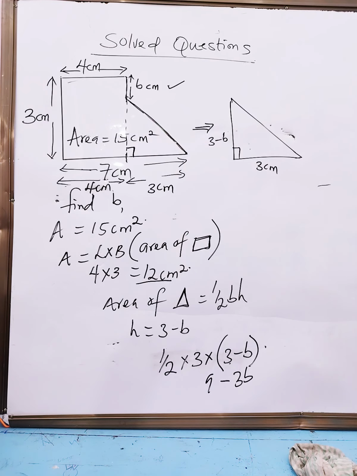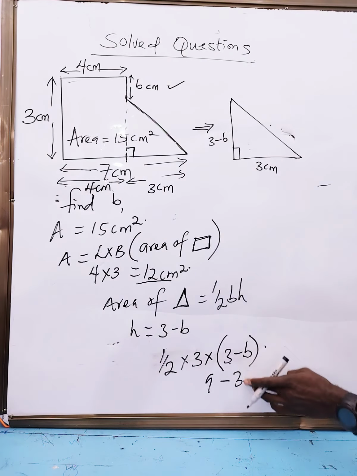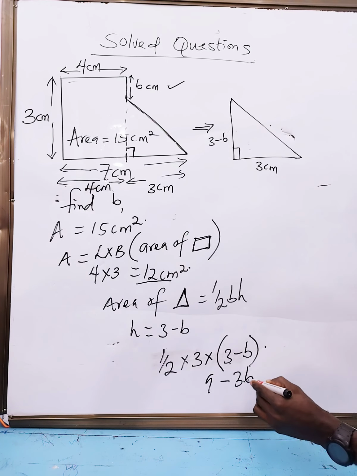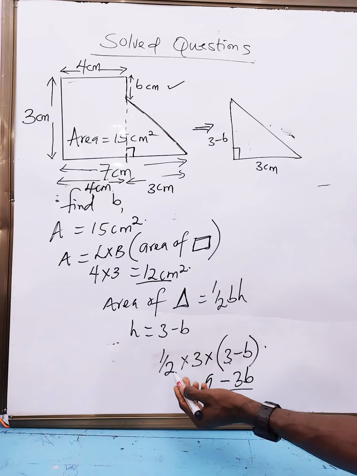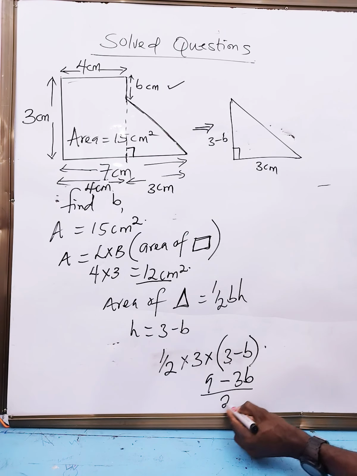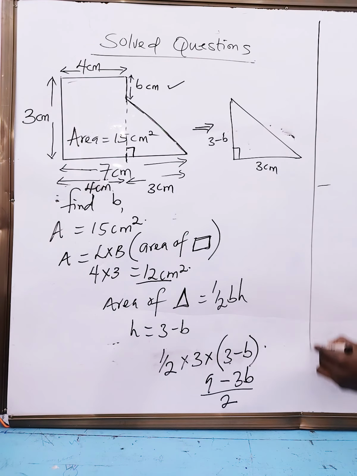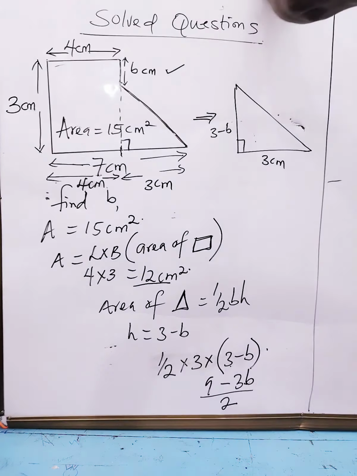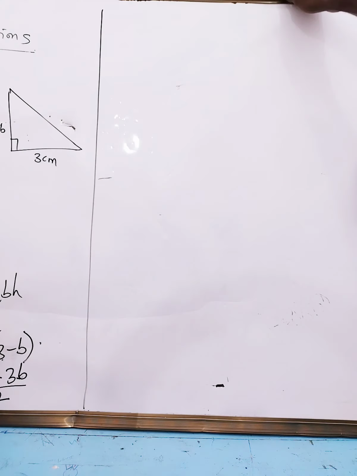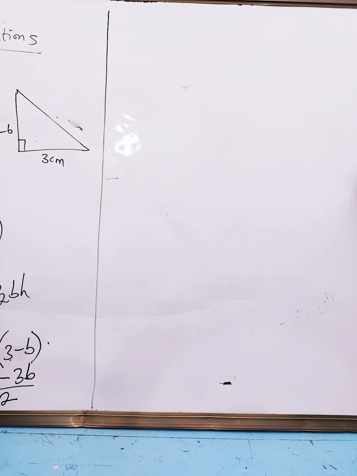So 9 minus 3b over, remember we are multiplying by half, so it's as good as dividing by 2. We want to proceed.